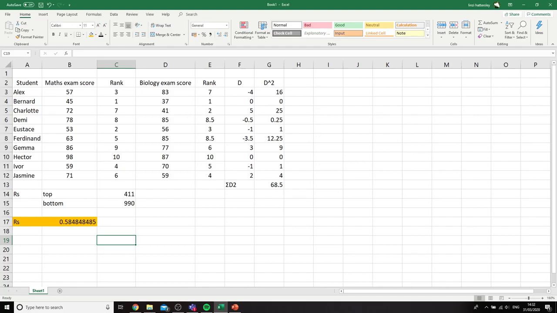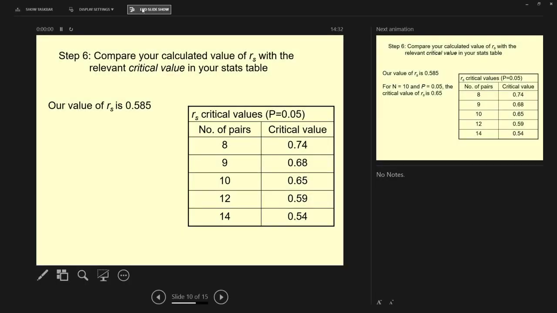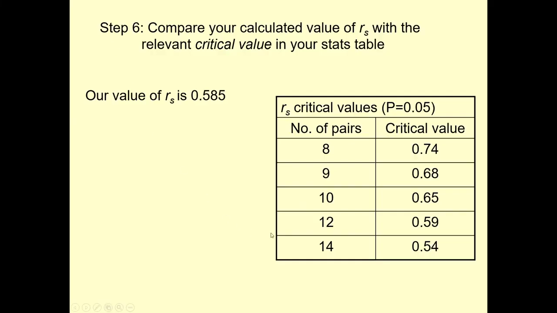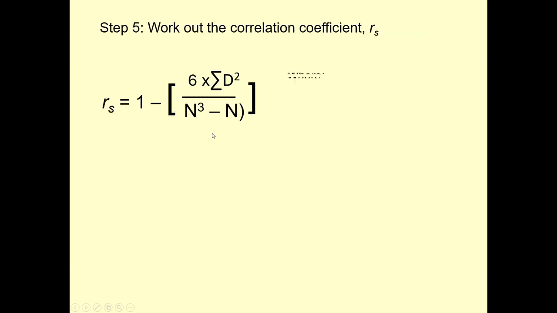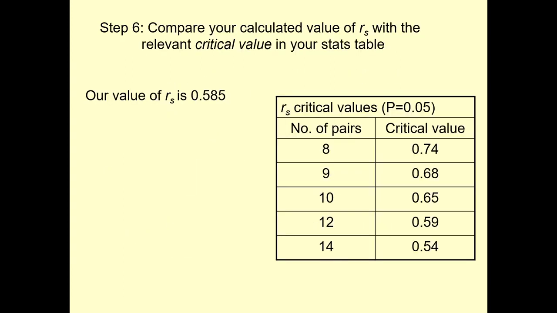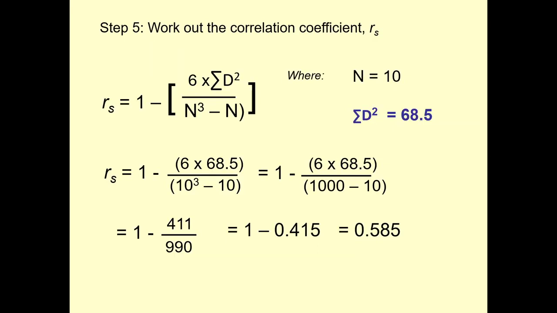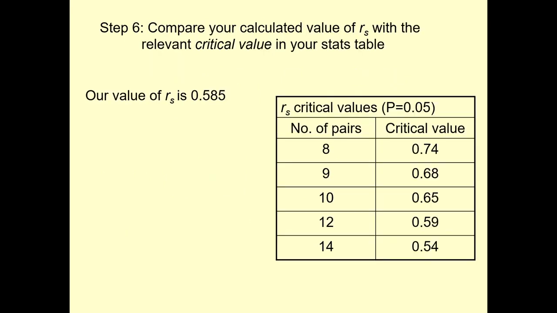What about our hypothesis? So we're going to take this value and compare it to a table, a table of what's called critical values. So make sure it's a relevant stats table.